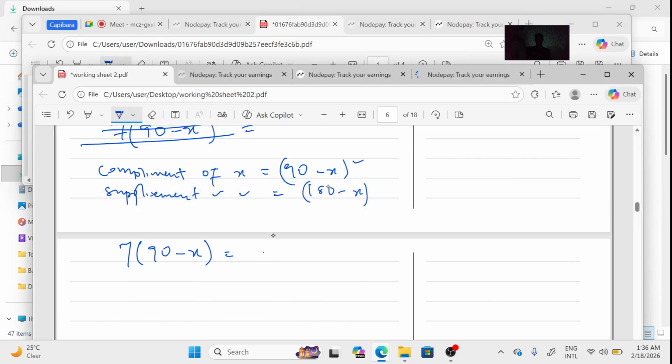The meaning is that if I subtract 10 from 3 times its supplement, I will have 7 times its complement.